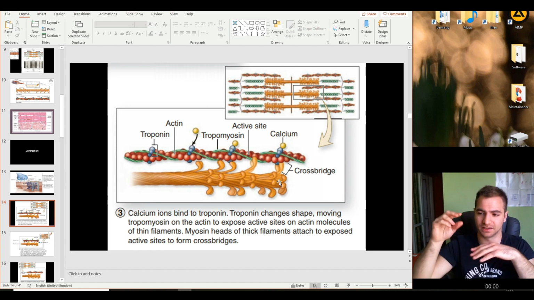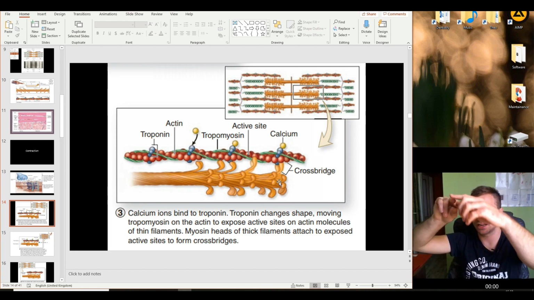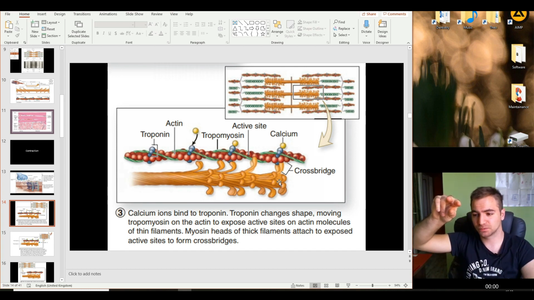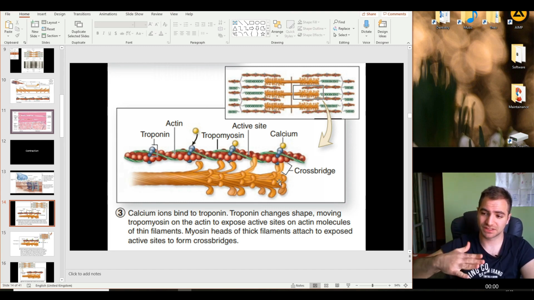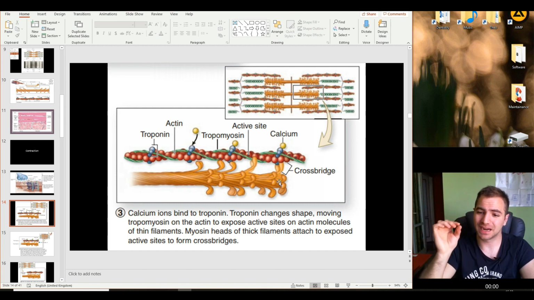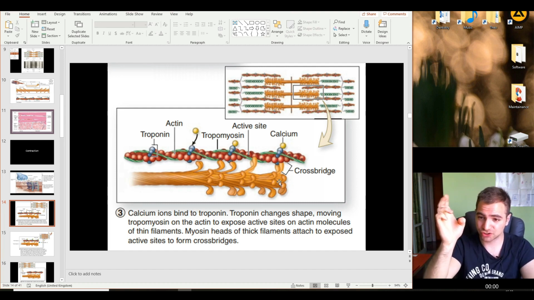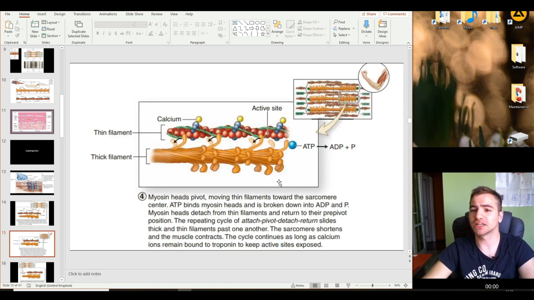So again, calcium attaches on the TNC, the calcium binding site, and induces this conformational change. The tropomyosin is placed on the side and allows the actin binding site to be free. Once this binding site is free, the myosin head is going to attach on the actin filament.